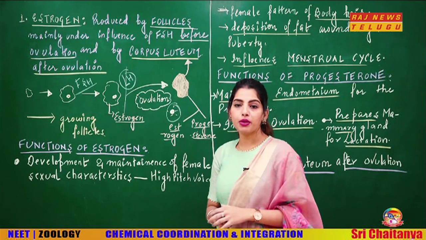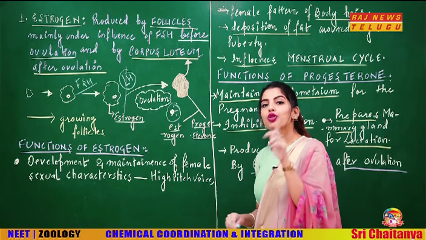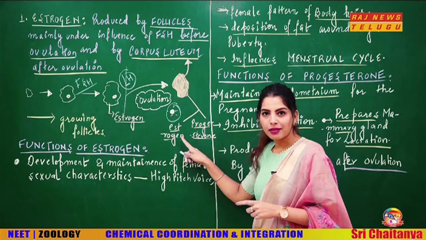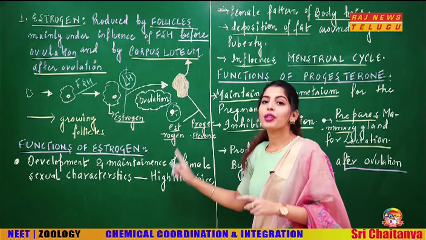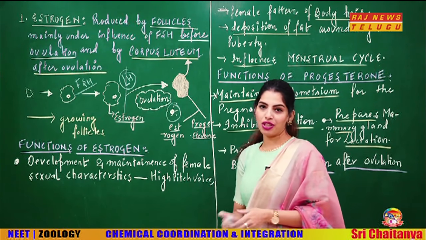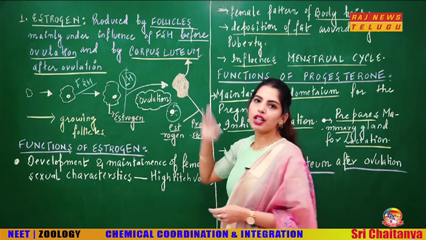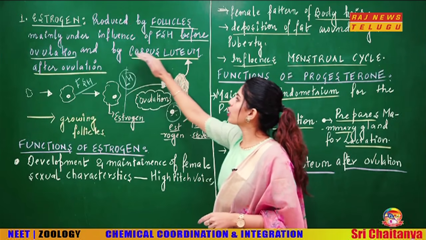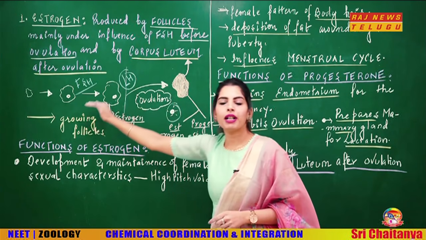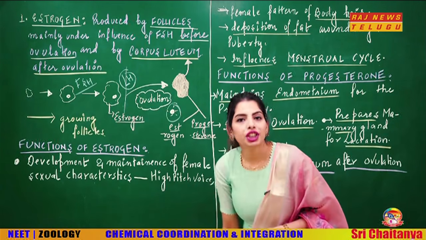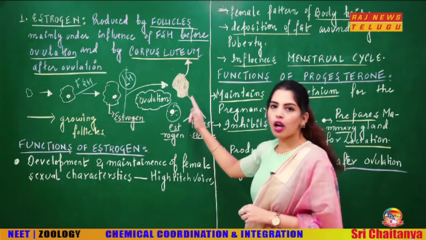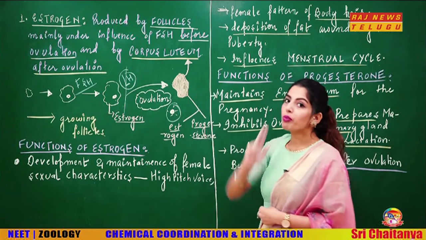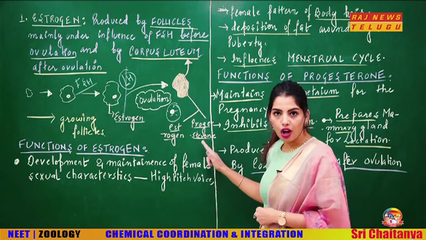Now this corpus luteum has the ability to produce estrogen. But this estrogen which is produced by the corpus luteum is after ovulation. That's what we have written, that estrogen is also produced by corpus luteum but after ovulation. And also this corpus luteum produces one more hormone, that is progesterone.